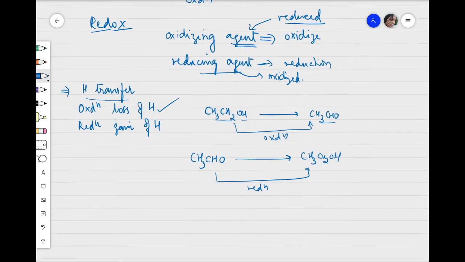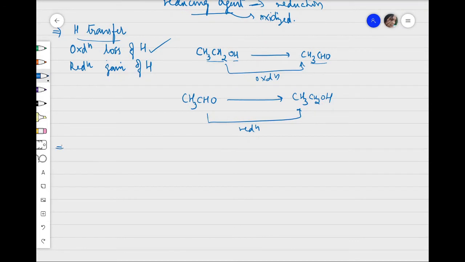Okay, now another concept which is a far better concept ആണ് the electron transfer concept. ഇവിടെ oxidation is loss of electrons and reduction is gain of electrons.